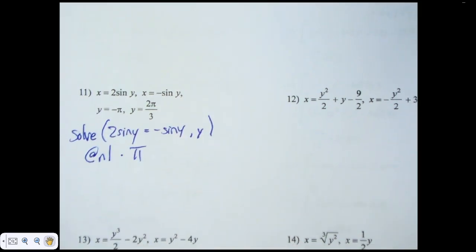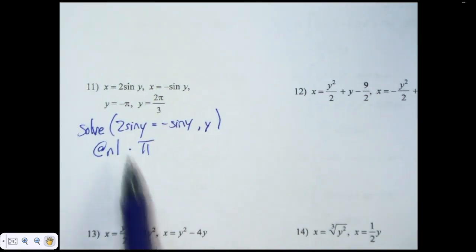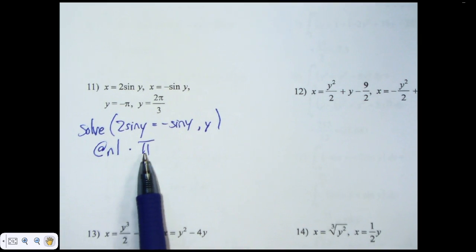But I think the 1 isn't necessarily always a 1. If I did this over and over again, the n just goes up. Like the next time I do it, it's n2, and then n3, and then n4. So that doesn't really matter. What that's telling you is these intersect every pi.